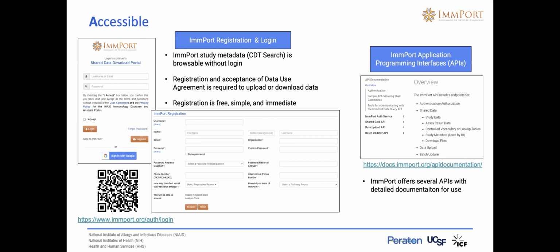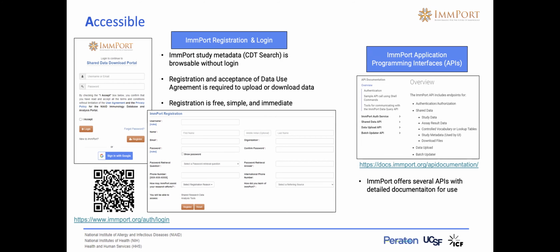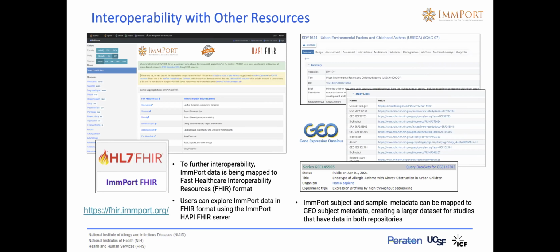Through the API, you can call and download all of the data on your local computer once you have registered and agreed to the terms and conditions. In terms of search, there is no registration required. You can just go and search on the ImmPort webpage.